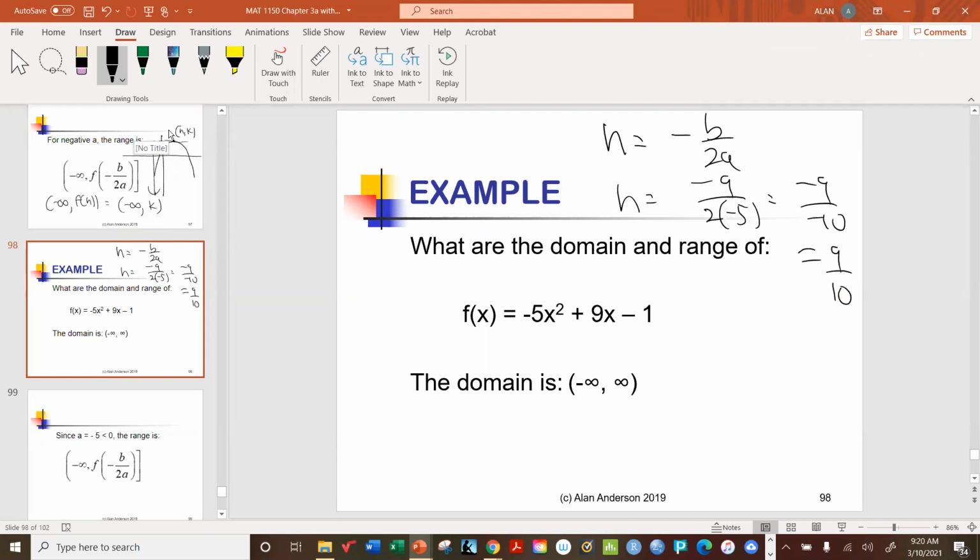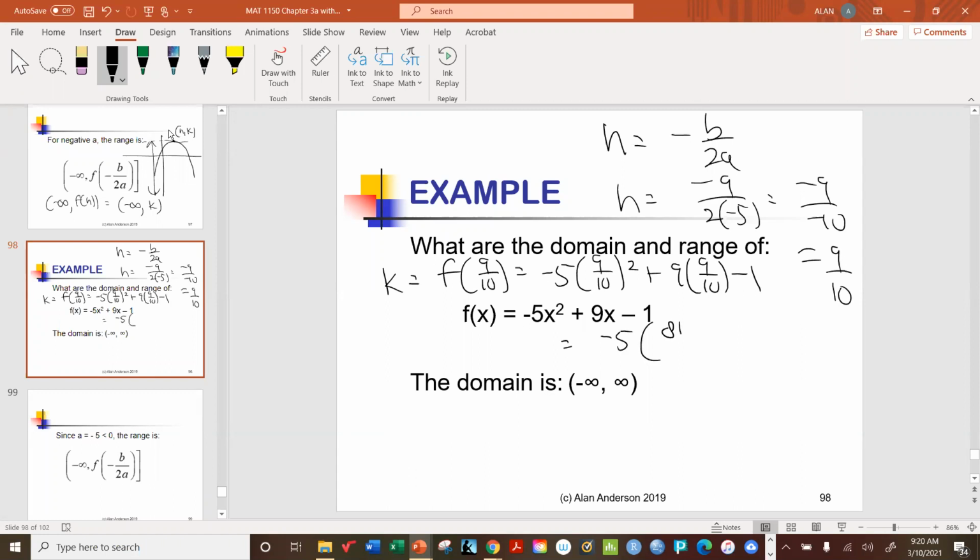Oh, what the heck, let's try it. K would be f of 9/10, which is minus 5 times 9/10 squared, plus 9 times 9/10, minus 1. Minus 5 times 81 over 100 plus 81 over 10 minus 1. This is minus 405 hundredths.